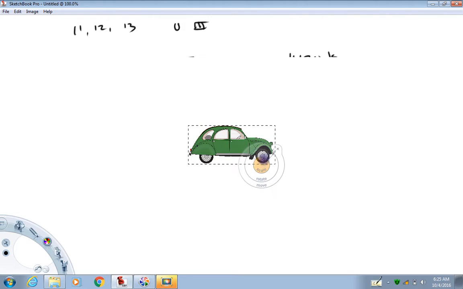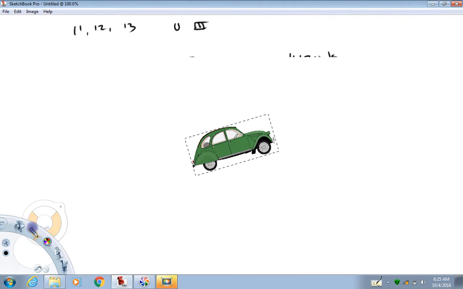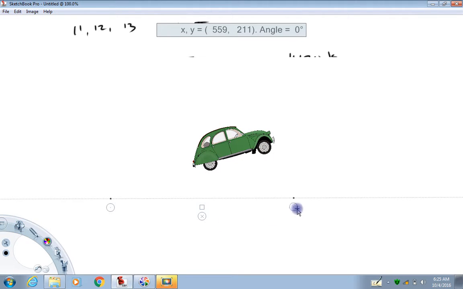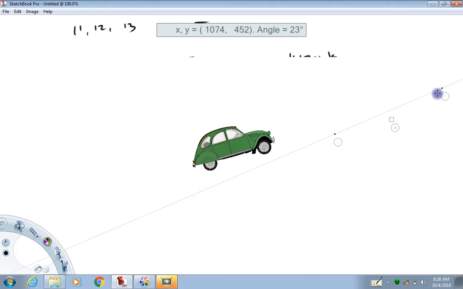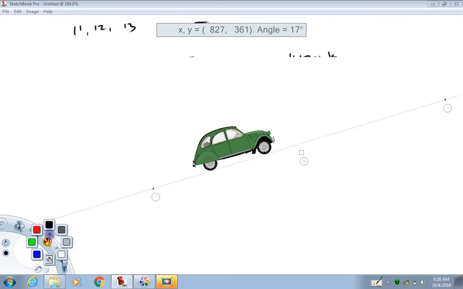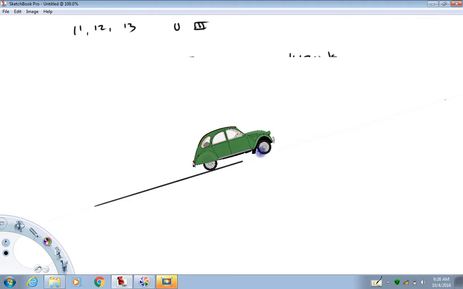And it's climbing a hill. Bear with me, I'll get this picture done. All right, so this car is climbing a hill.